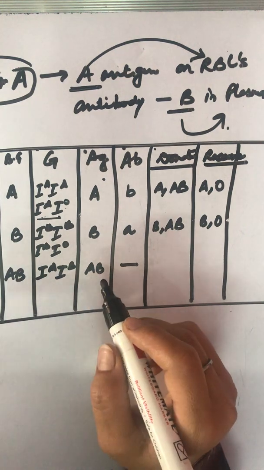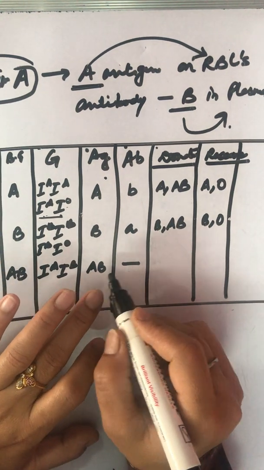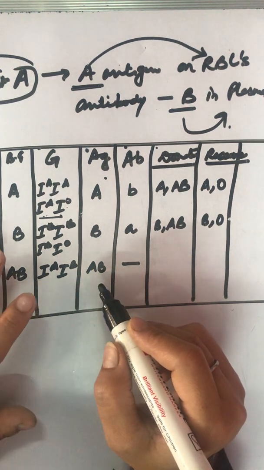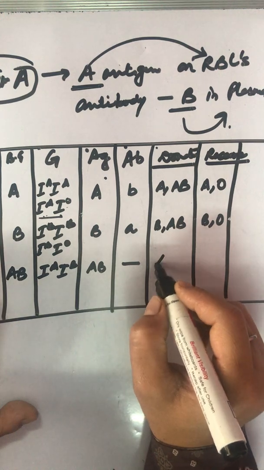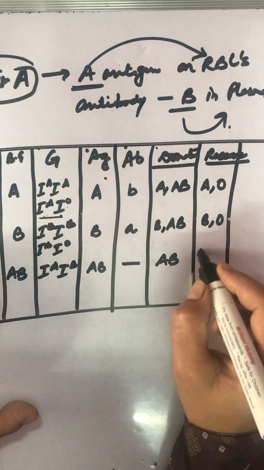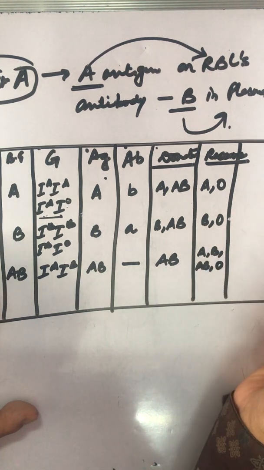It does not mean that there is no antibody in the blood. It means the antibody respective to this antigen group in the blood is not present. Can donate blood to only AB, and can receive from all. It's a universal recipient: A, B, AB and O.